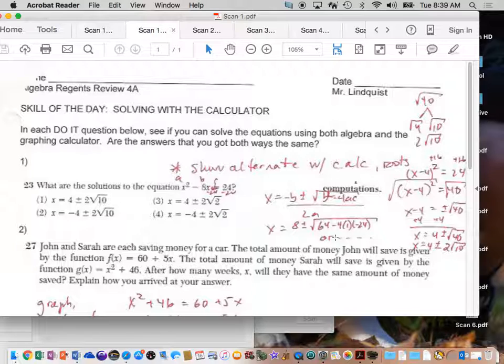Okay, so first off, when I looked at this one, I said to myself, okay, I could do the quadratic formula. And I started doing the quadratic formula. I could keep on going. But then I said, hey, wait a minute. Why would I do the quadratic formula when it's already set up like completing the square? So I went over here and I did it with completing the square.